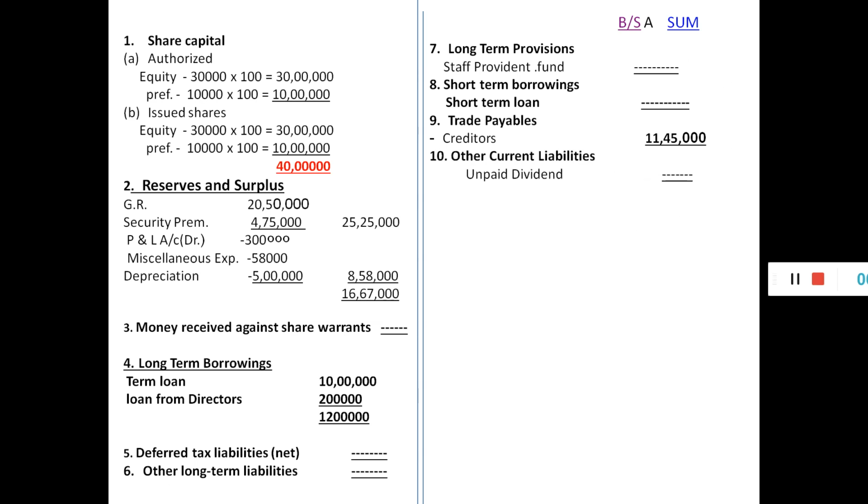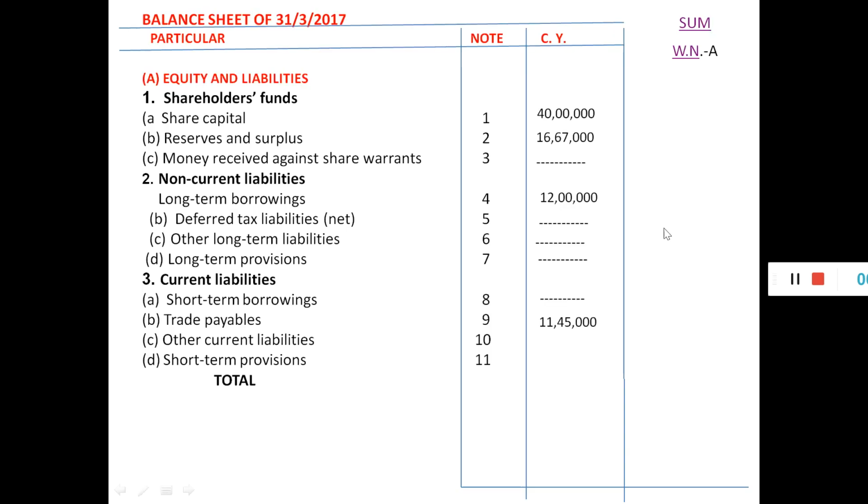Unpaid dividend, no item is there in other current liabilities. 11, short-term provisions, only one thing is there, tax provision 1 lakh 70,000. Total of the equity and liabilities rupees 81 lakh 82,000.